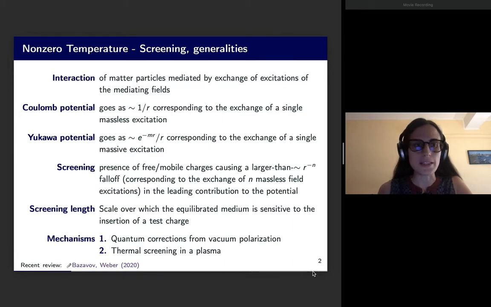It is basically related to the presence of free or anyway mobile particles which are charged, and they cause a larger than the inverse power of R fall off in the leading contribution to the potential when we are thinking of the exchange of n massless field excitations.